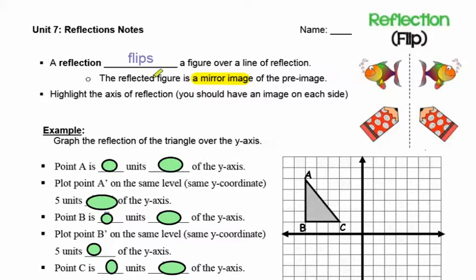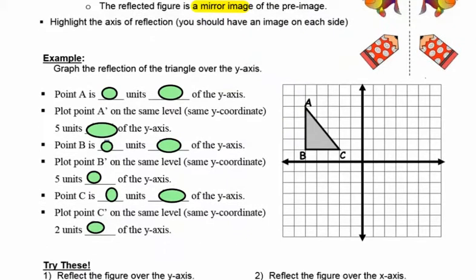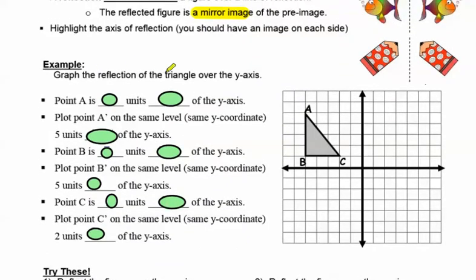One thing that I do recommend in the beginning is to highlight the axis of reflection. So highlight our line of reflection, and then you should have a picture on both sides. For this first example, we're going to graph the reflection of the triangle over the y-axis.